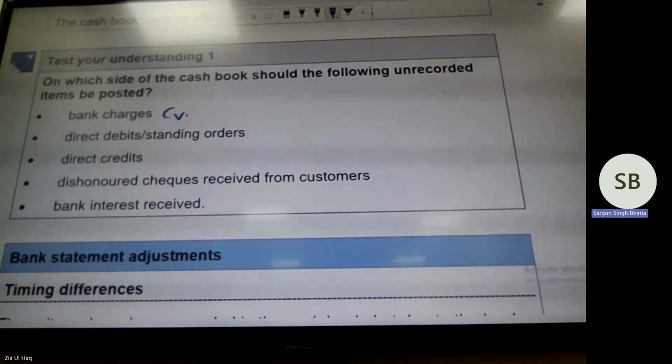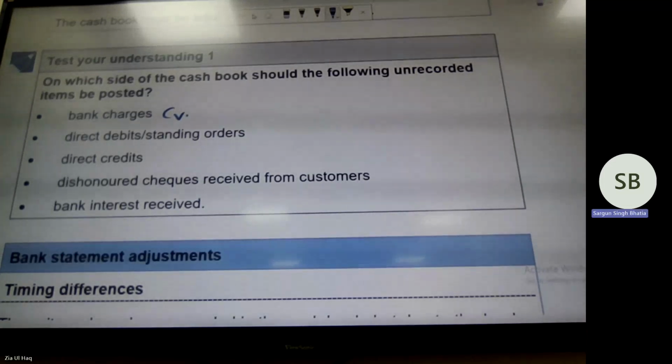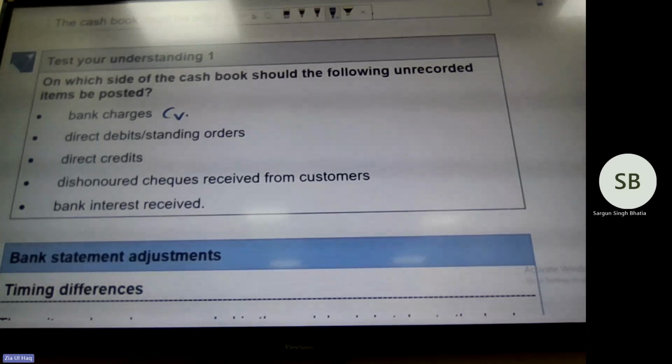Receipts are credited, positive; payments negative, debited. Receipts are positive, you know, so they will be recorded as credit in the bank. Yes, sir. And payments negative, they will be recorded as debit in the bank.